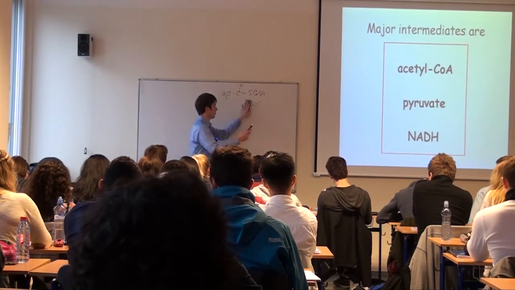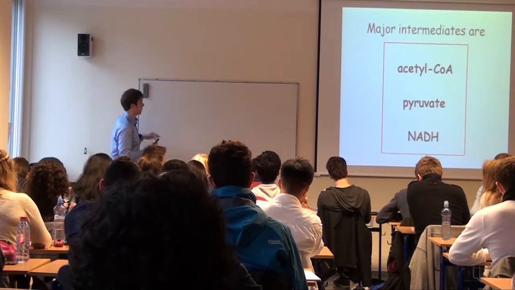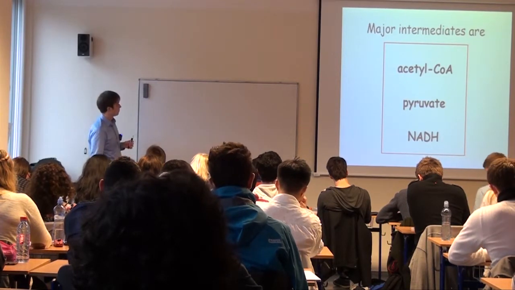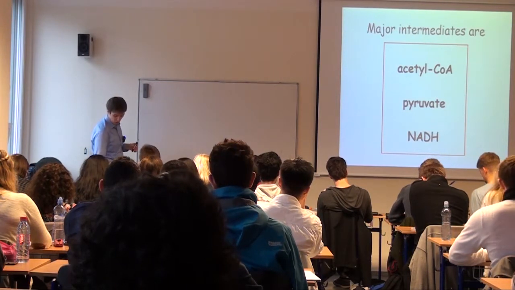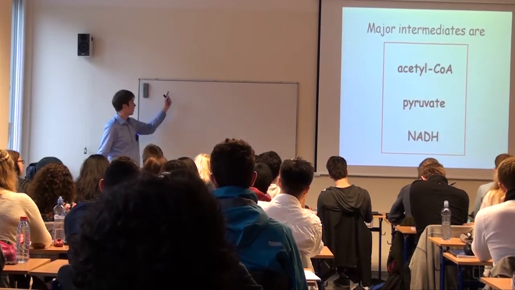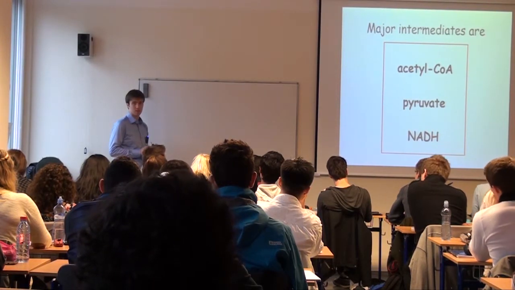So, these three intermediates we will need to construct the picture of the energy metabolism. So, where to start to draw the energy metabolism? We can start on the side of nutrients or at the side of the waste products.